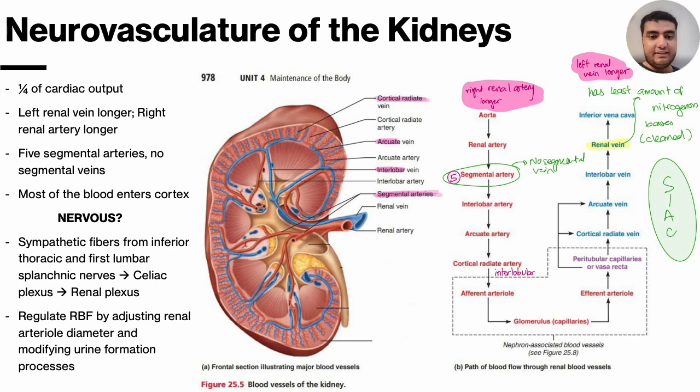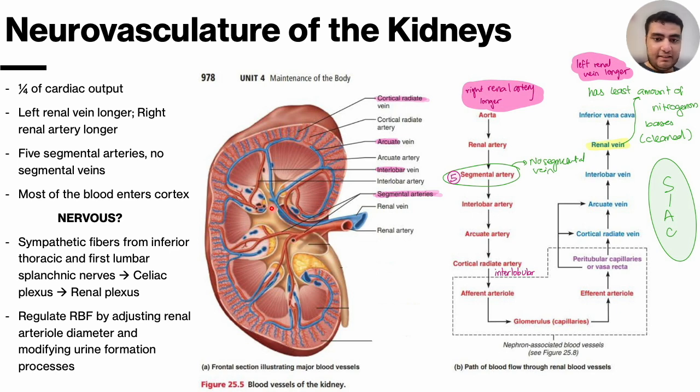The aorta brings out the renal artery, and then the renal artery separates into five segmental arteries, okay? And then these five segmental arteries further go into, let me show you here. So basically here you have the renal artery, which divides into segmental arteries, supplying various segments of the kidney.